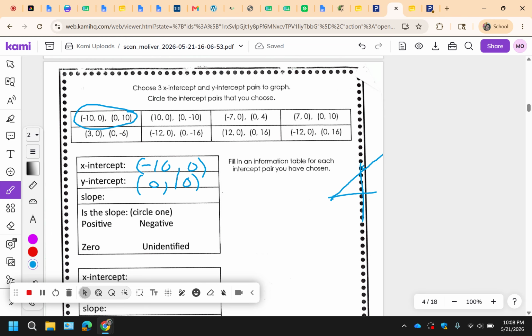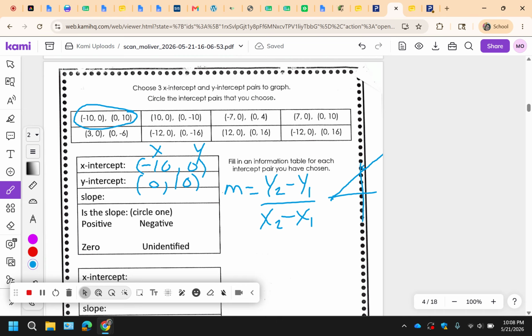To find your slope, you're going to have to use the formula. It's been a while since we've used it, so that's why I'm working one out with you. And then your x2 minus... Now, that's just your formula. So these are your x's, this is your y's. The 2 and 1 just means the second set or the first set.